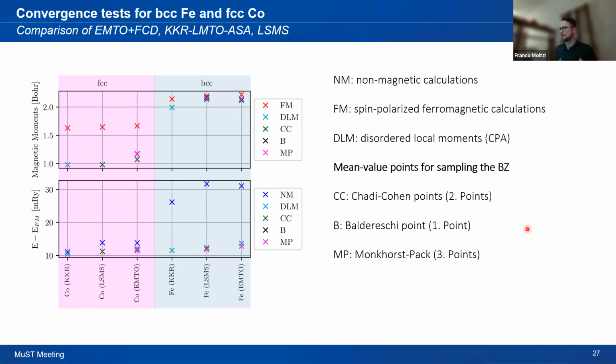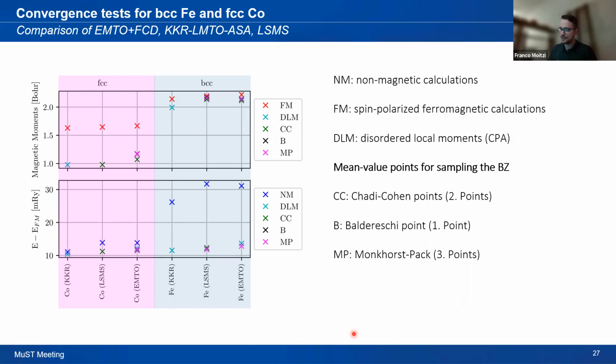So how I was doing that in LSMS is that I was using non-collinear magnetic moments. I was setting up the spin waves in a way, and I was also creating supercells so that the spin waves fit, in contrast, for example, to EMTO.